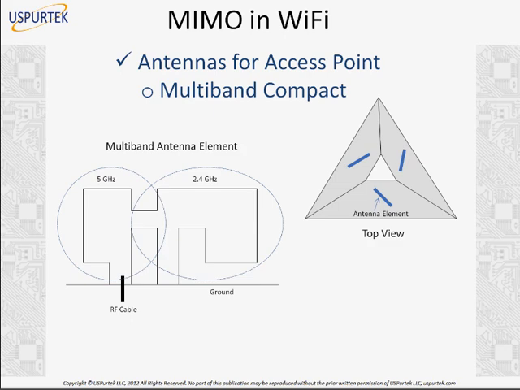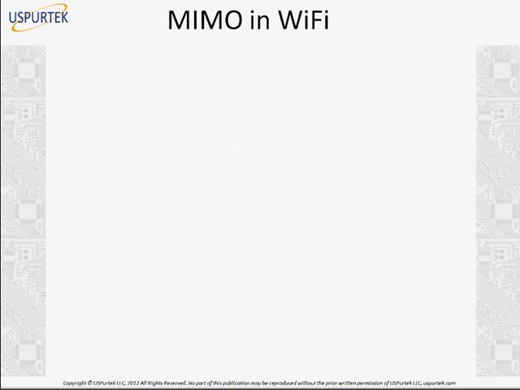This is again fabricated on a planar surface. In the top view of this router, you see 3 antennas installed at 120 degrees each. This configuration provides a very compact multi-band configuration for an access point. You won't even see the antennas coming out of the router. They are all inside with this type of configuration.